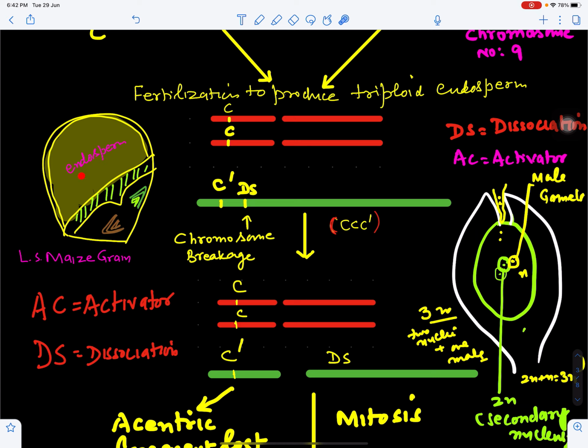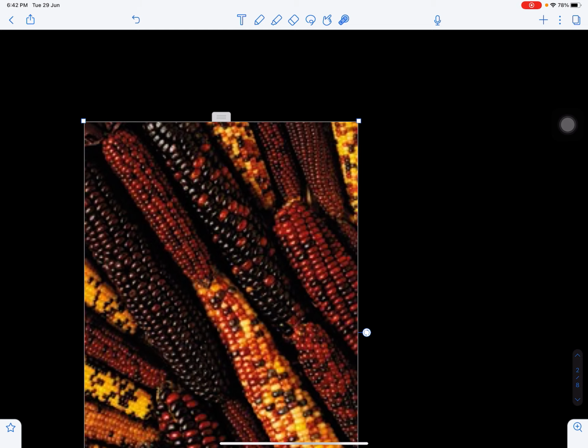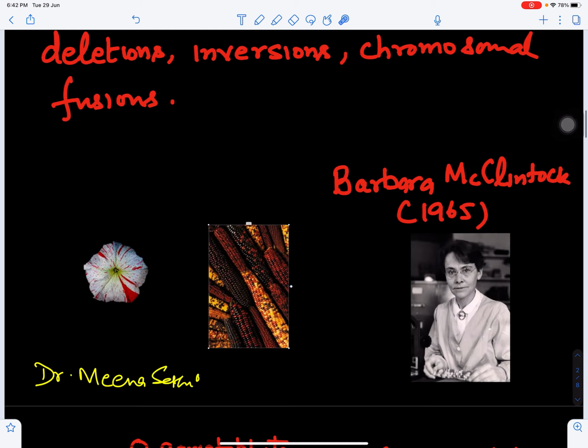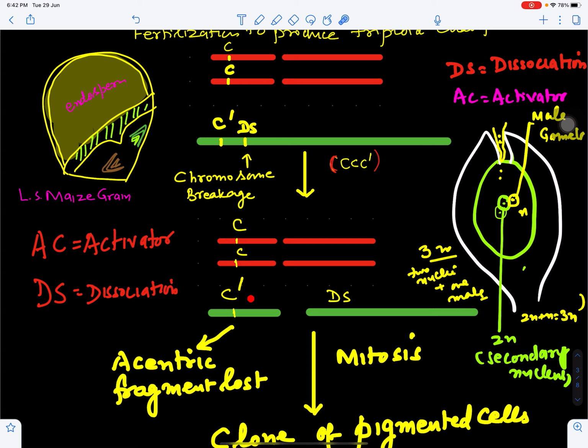But we are talking about this endosperm, which is produced by double fertilization and is triploid. Now this should have been yellow in color but it becomes colored like this. We can see here different colors like purple and red, and this coloration is due to the loss of the C prime gene. This C prime gene would have inhibited color formation, because it is an inhibitor of the color pigmented kernels of the maize grain.